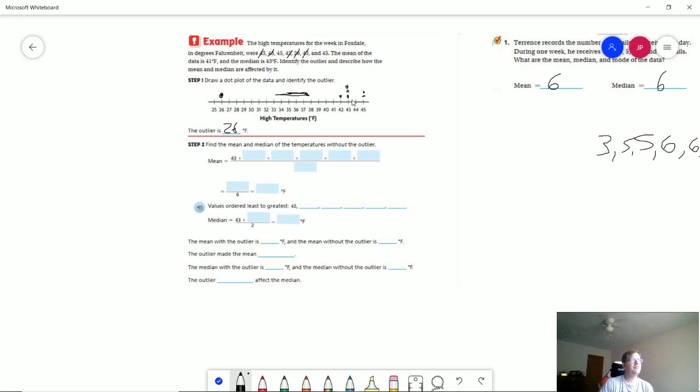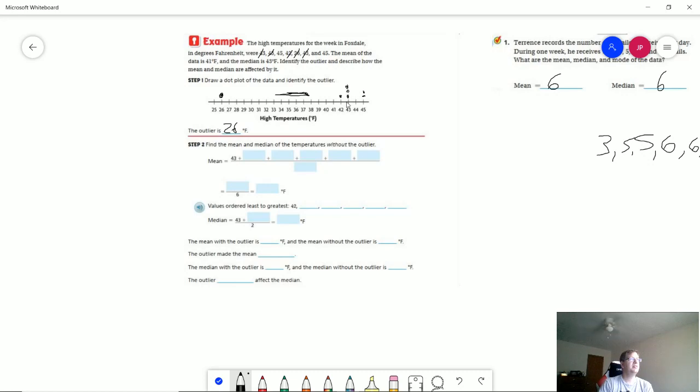The mode would be 43, and that would be 3 of our 7 data points. And so with that one being an outlier, that would basically give us half of our numbers that we want to work with all having the same thing. And then we would also find that if we wrote these out, we would end up at our first, second, third, fourth value, excuse me, as our median.